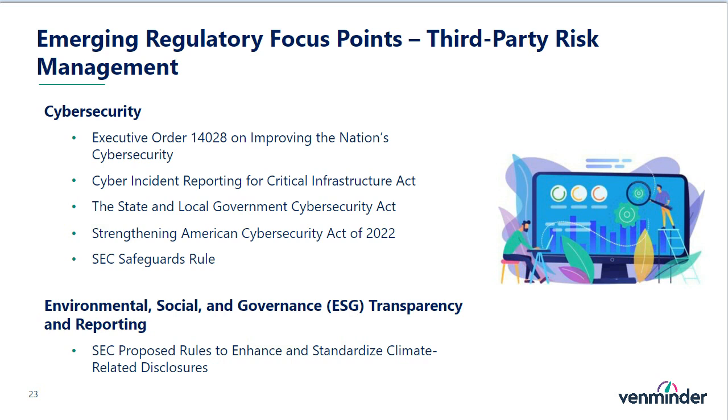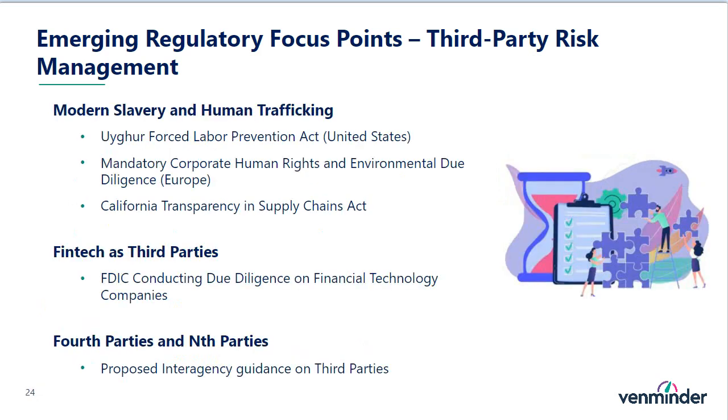The increased attention to environmental, social, and governance, transparency reporting is also a big one, as would be focus on issues such as modern slavery and human trafficking. So if anyone's familiar with the Uyghur Forced Labor Prevention Act that's here in the United States, the California Transparency in Supply Chains Act, these are all trying to prevent those human rights abuses.